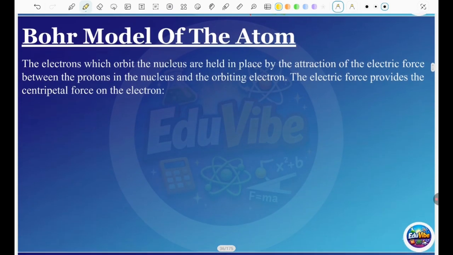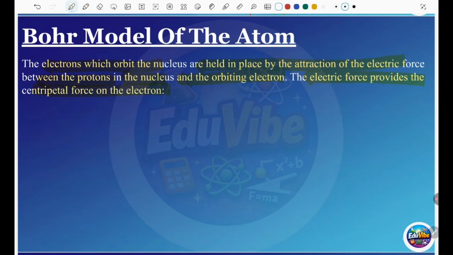The next thing is that the electrons which orbit the nucleus are held in place by the attraction of the electric force. Between the protons in the nucleus and the orbiting electron, the electric force provides the centripetal force on the electron.